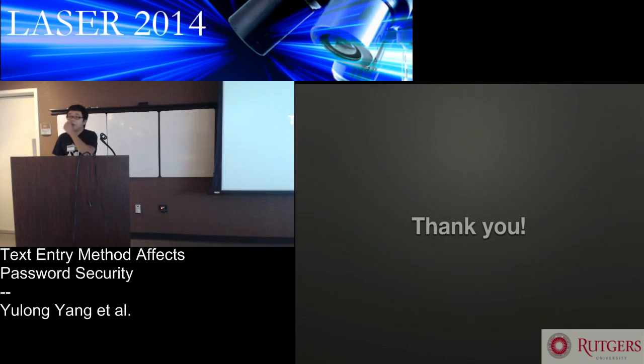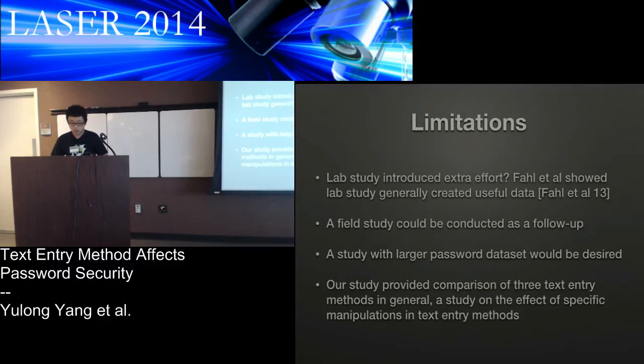You seem to have acknowledged that a lack of ecological validity in your study might have changed the results, right? I.e., because it was a lab study, things might have been different than if it had been a field study.